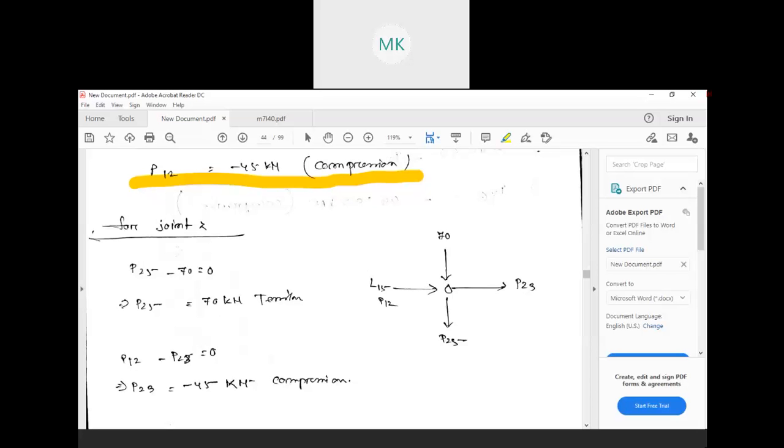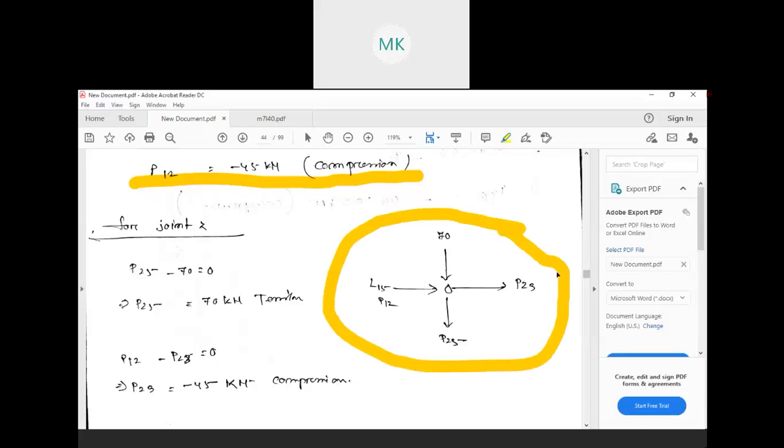For joint 2 also, first you need to draw the free body diagram. Check how many members are connected to that joint and which values you already know, and by using the equilibrium equation you can easily find the other unknowns.